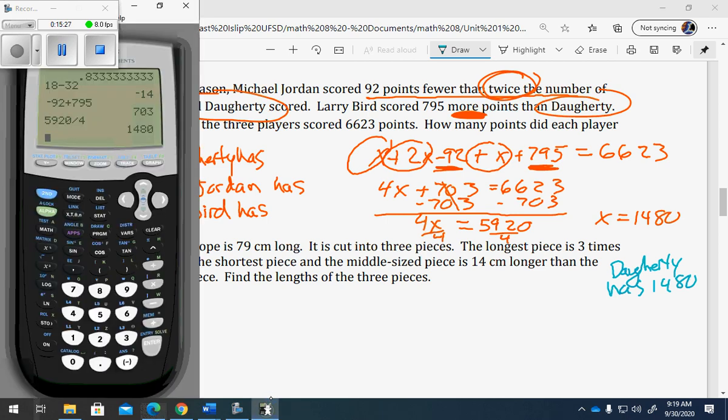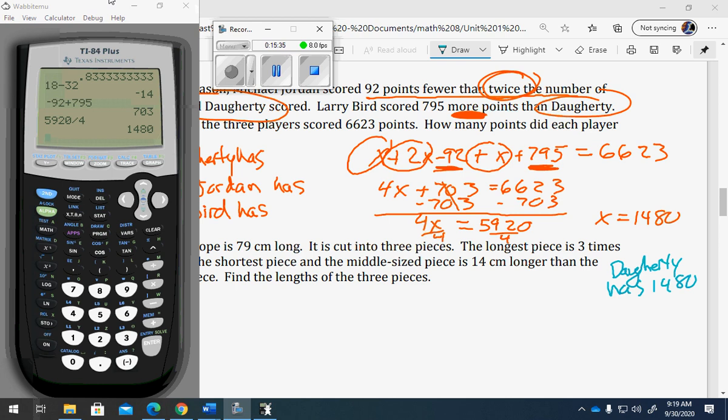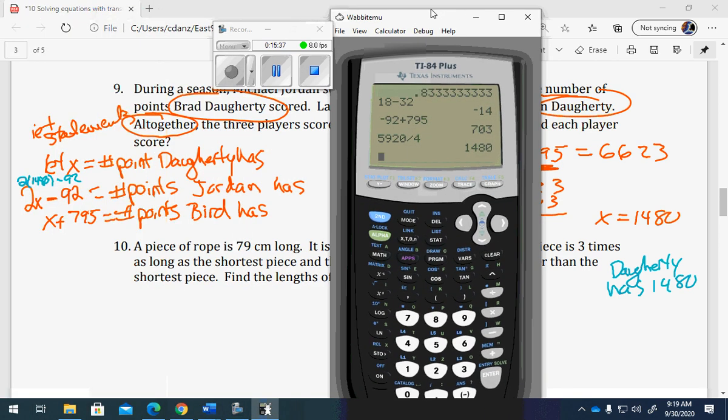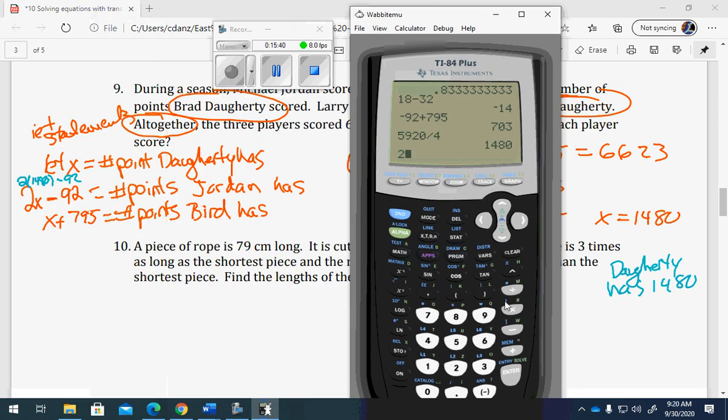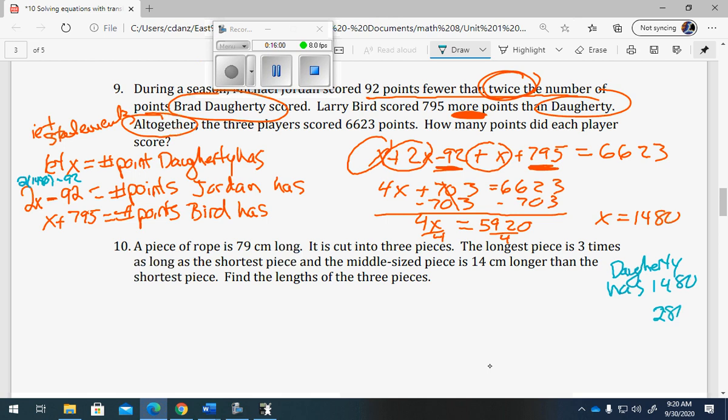So let's use that calculator again. So 2 times 1,480, and then subtract 92 is 2,868. 2,868 is Jordan.